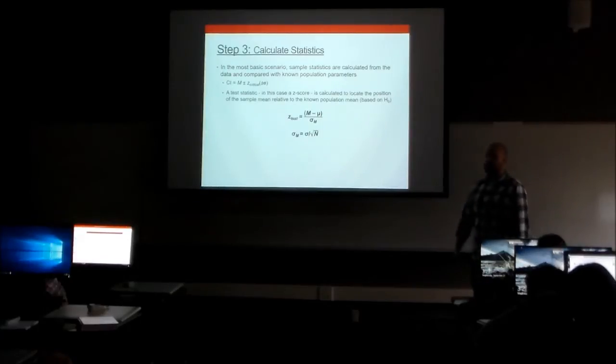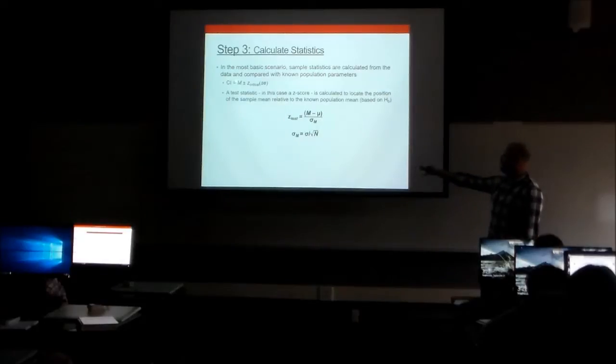First thing we're going to do is calculate a confidence interval around our mean, okay? Confidence interval, remember, is our mean value plus or minus our z critical. What determines our z critical?